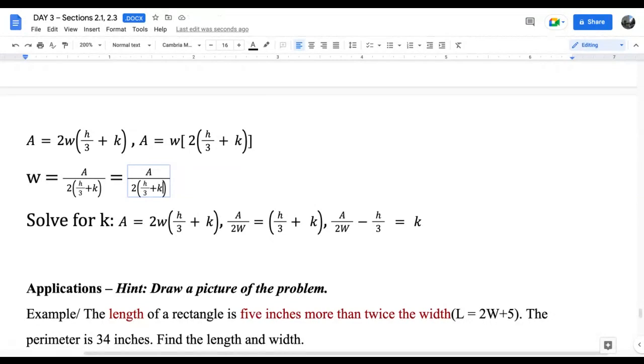So the 1k is 3k over 3, then we change this one to be plus 3k over 3. Once we have a common denominator, we can add the numerators. So that's h plus 3k over 3.